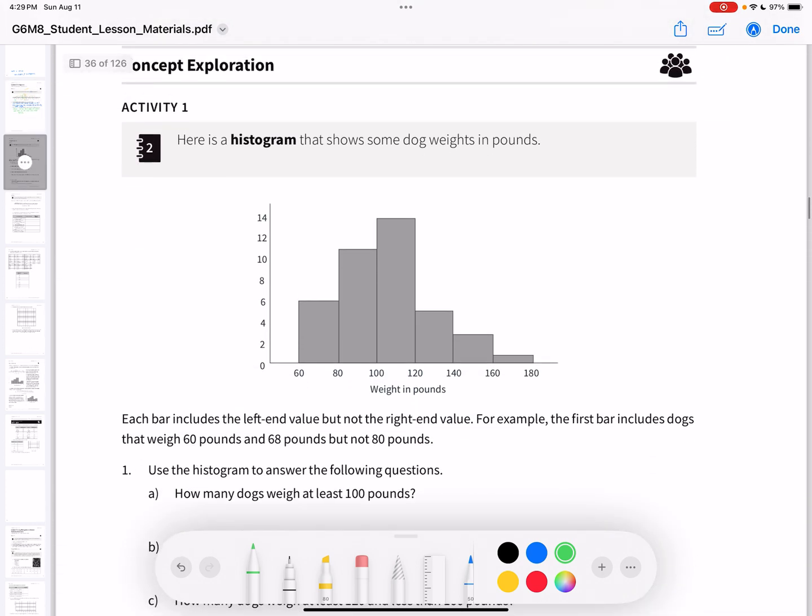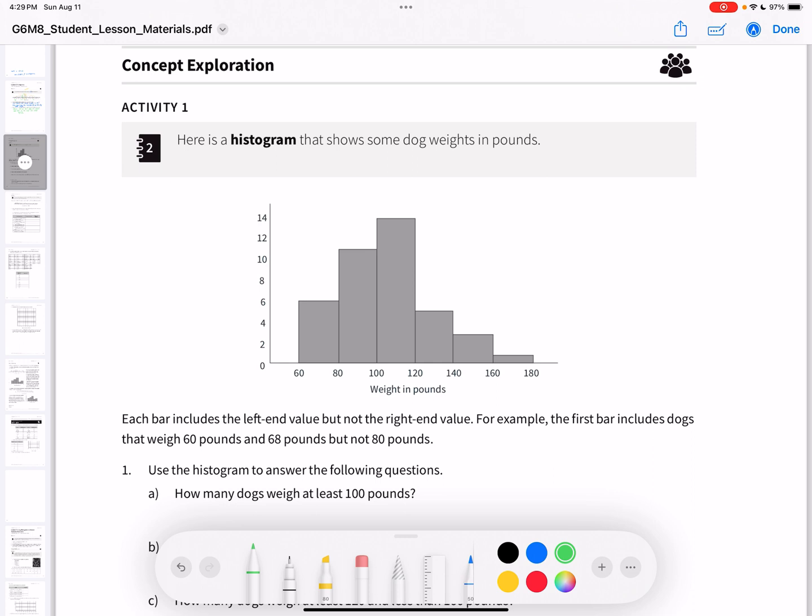Okay, activity 1. Here is a histogram that shows some dog weights in pounds. So we need to discuss what a histogram is. All right, a histogram takes the data points that you can find on a dot plot and it groups them into bins.